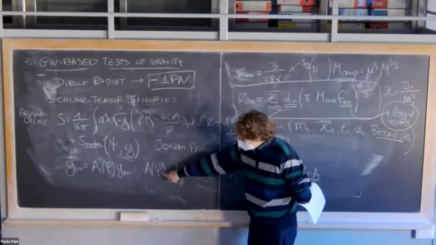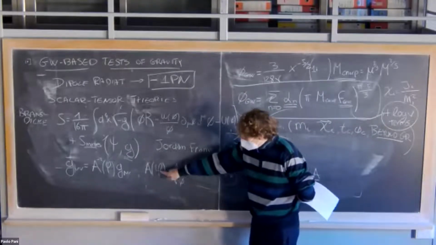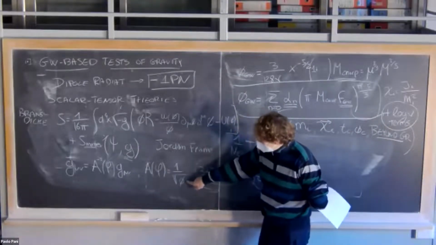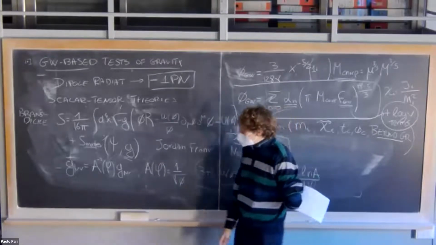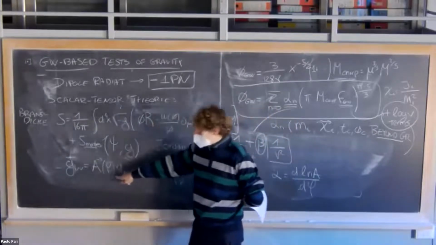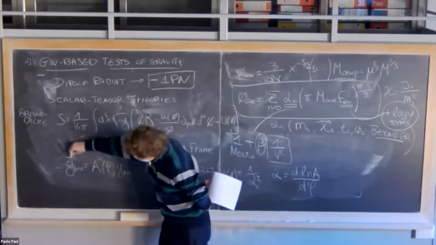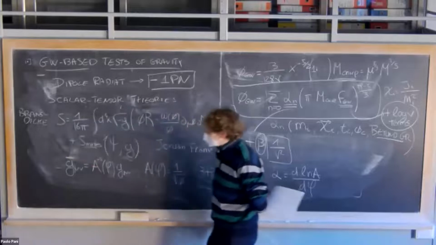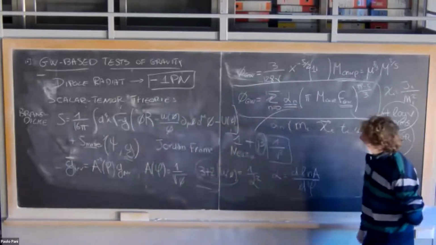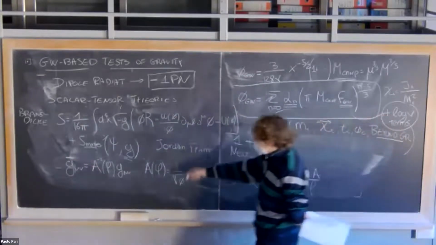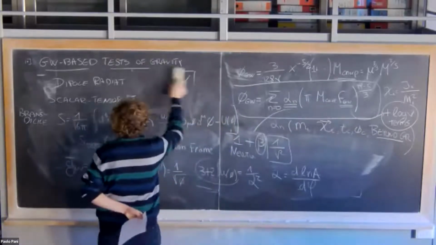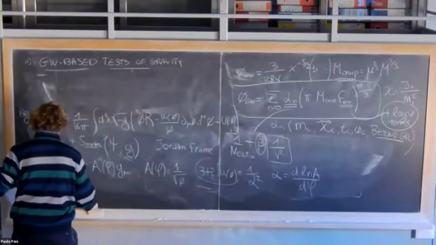The new field, bar phi, is related to phi through this relation. And you make a conformal transformation that relates the metrics G mu nu and G bar mu nu through this formula. I leave as an exercise to show that this action transforms in the following way.